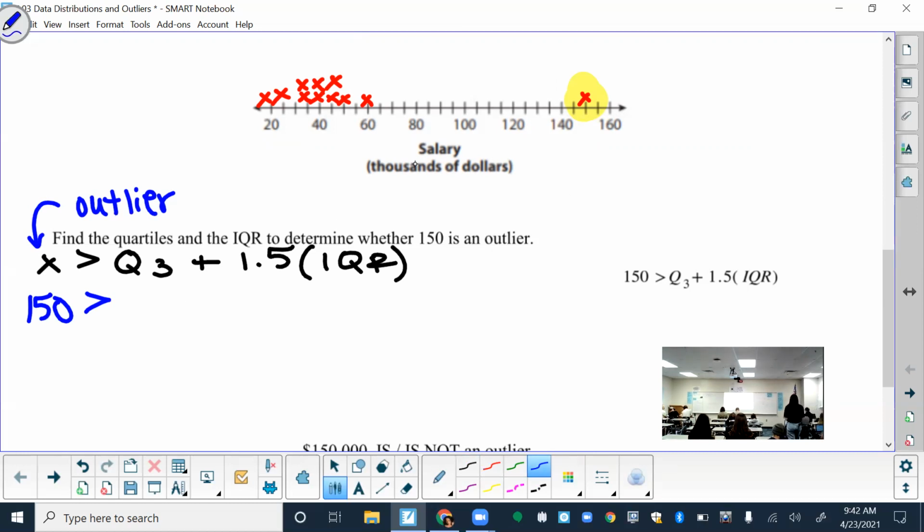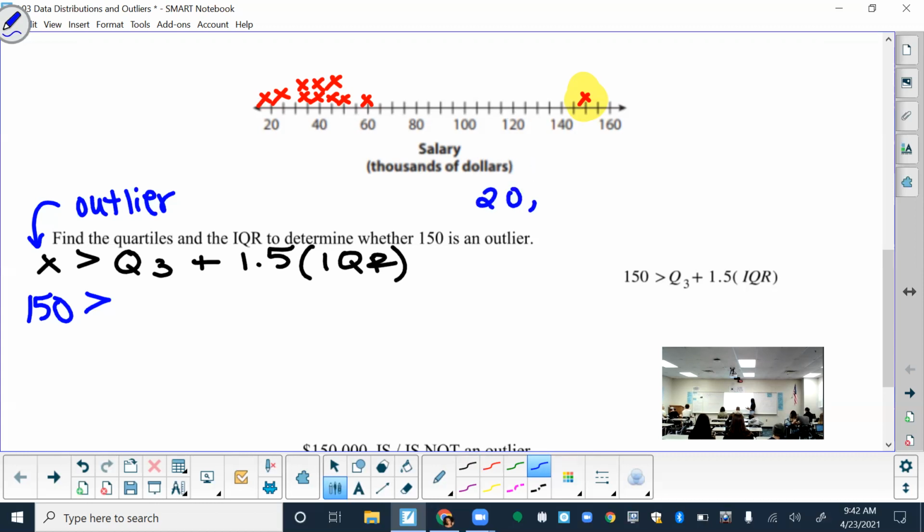So what should I do in order to figure that out? Put the numbers in order. I'll use my dot plot to help me with that since they are in order on the dot plot.